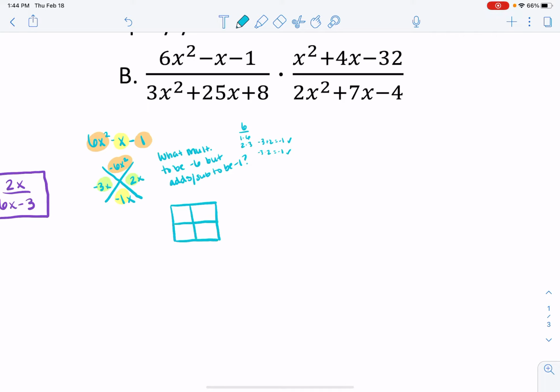We place our original 6x squared in the first box, and our original c, the negative 1, in the bottom right box, and I'll put negative 3x in one and 2x in the other.